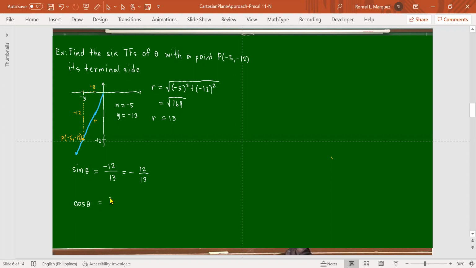That is x over r, or negative 5 over 13. What about tangent theta? That is y over x, which is 12 over 5. And then the rest are just reciprocals, because we studied reciprocal functions already. So what is the reciprocal of sine theta, children?